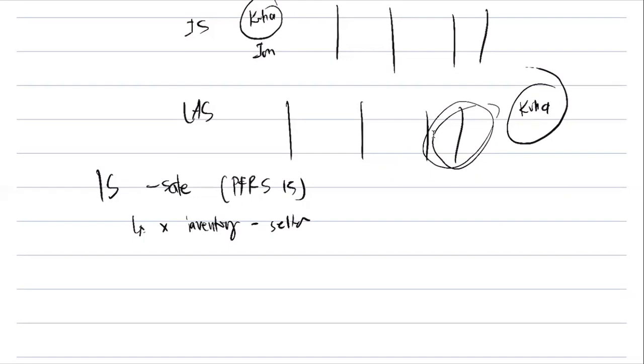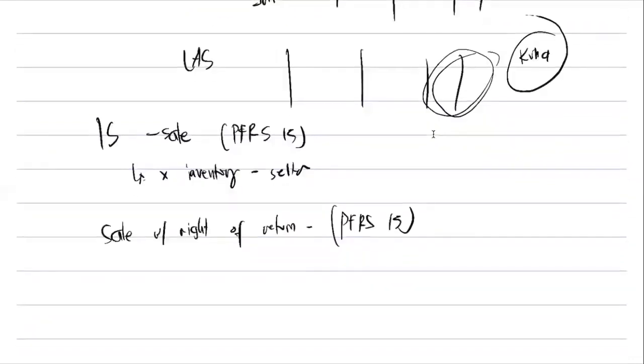How about a sale with right of return? We have already learned this one in our AR. This is still PFRS 15. You do not look at whether you can estimate the return or not, because at the time of sale, you already recognize the sale and exclude the inventory from the seller.